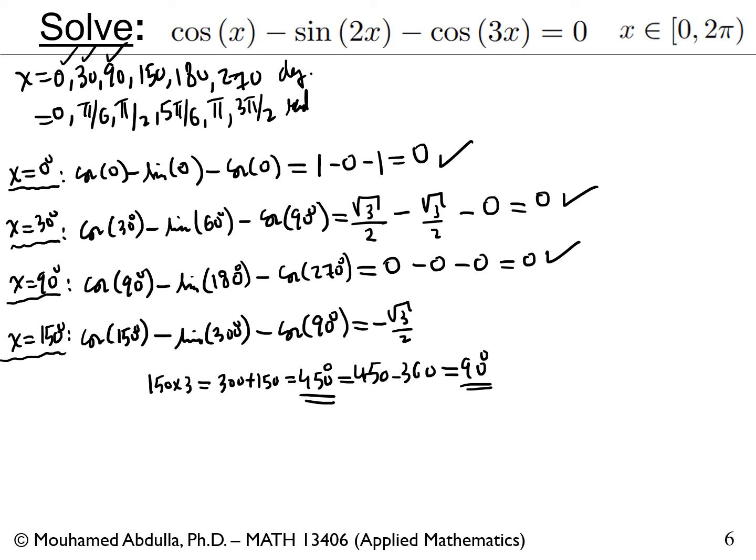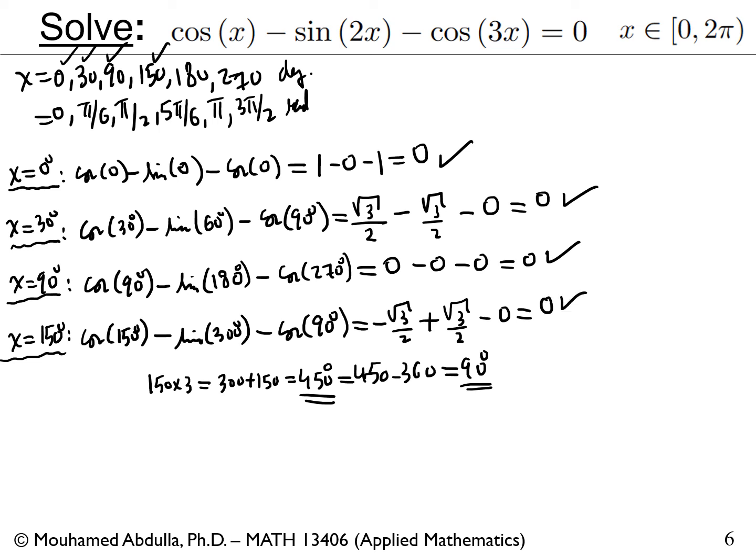So sine at 60 degrees is root 3 over 2, but this will be negative. So it's going to be minus, minus root 3 over 2, which is plus root 3 over 2. That's right. And then at 90 degrees, this is simply 0. And this gives us a 0. So that's good. This takes care of this.